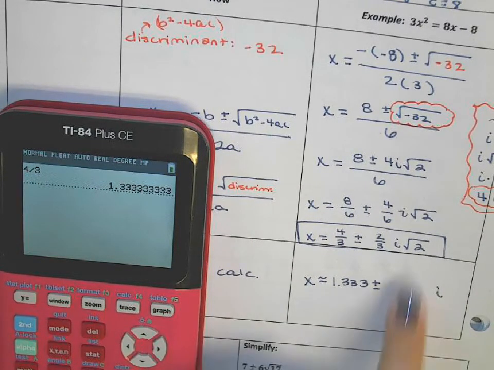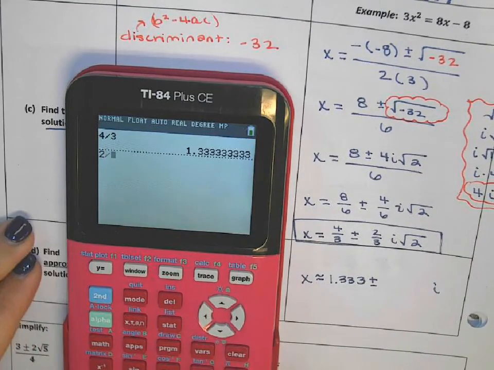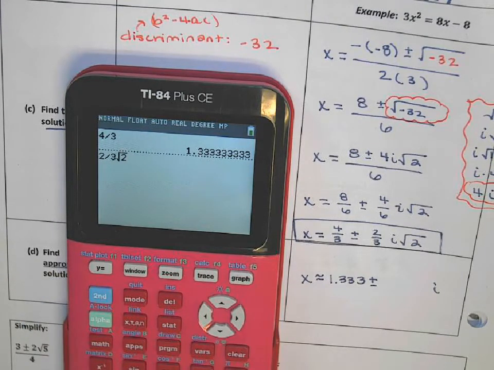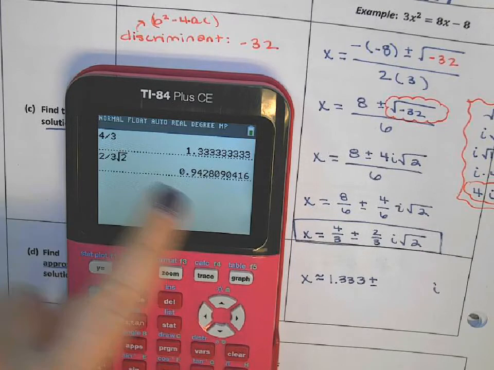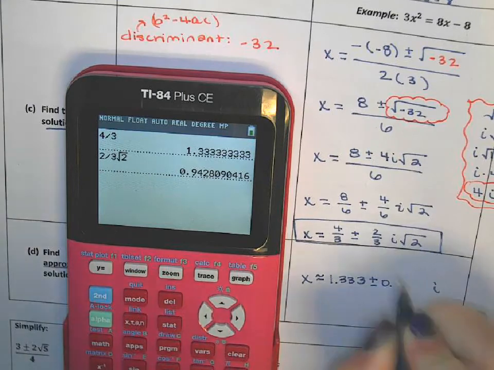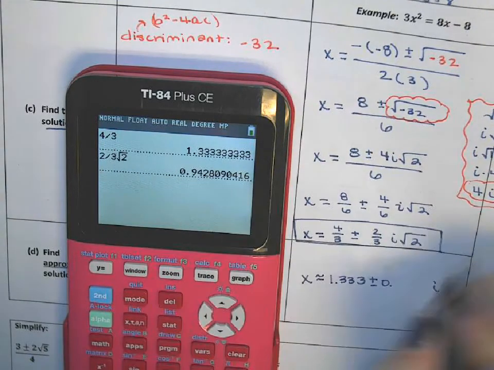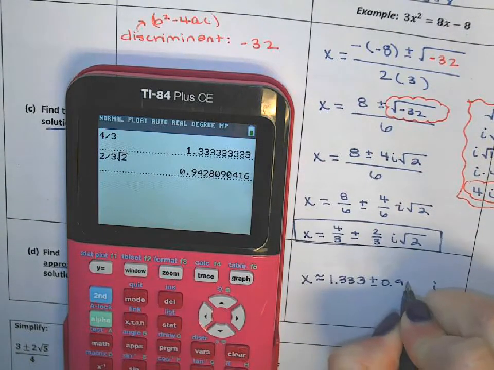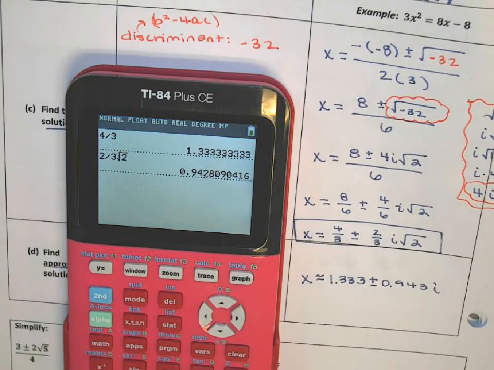The next part, you're going to type in everything other than the i. So you have 2 divided by 3 times the square root of 2. You're going to leave i out of it. Does that make sense? To figure out that value in front of i is 0.94. The 8 would round the 2 to a 3, so 0.943i.